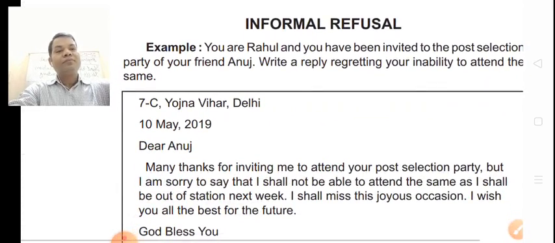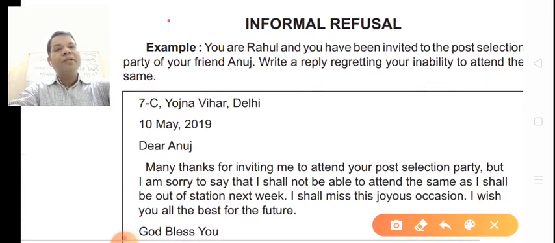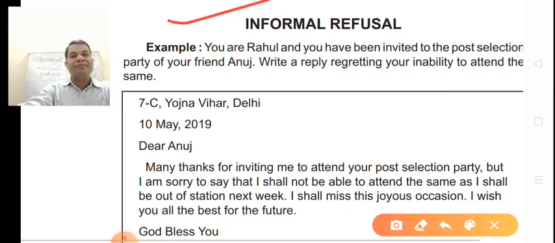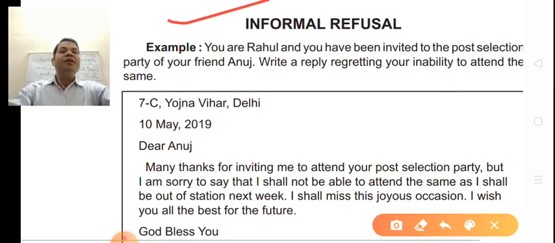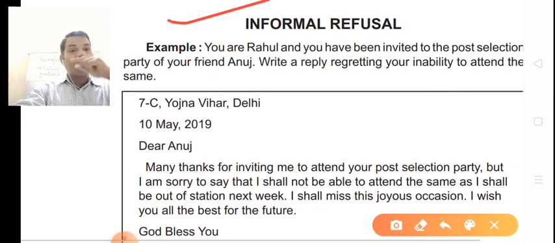Now, if you do not accept the invitation, now informal refusal. So dear students, it is also written in the form of a letter, as an informal invitation is written in the form of a letter. In the same way, informal acceptance and refusal will also be written in the form of a letter.